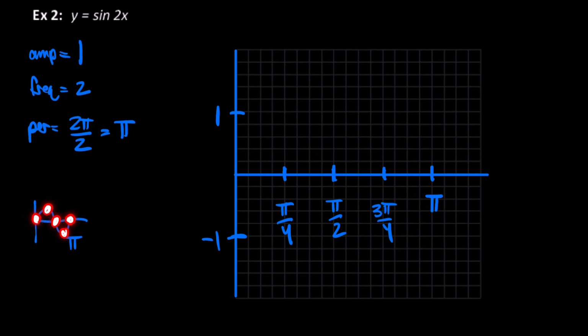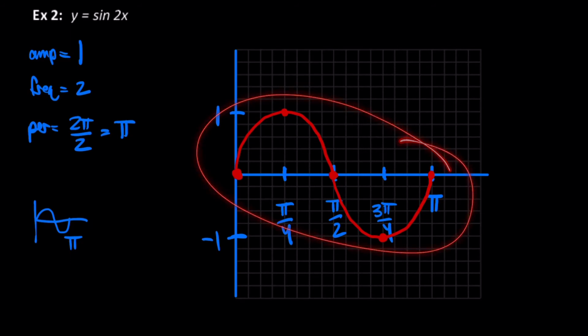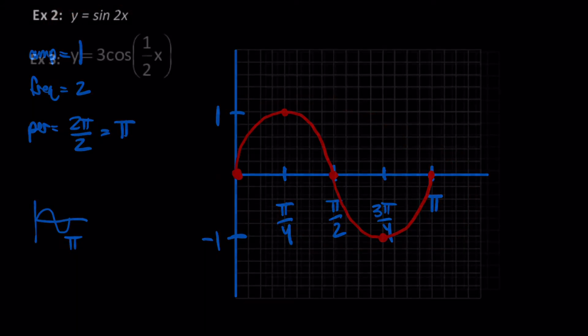Sine's going to start at the origin and then go up to 1, down to 0, to -1, back to 0. Okay, so it starts here, goes to the maximum at pi over 4, back to 0, to the minimum at 3 pi over 4, back to 0. Concave down here, concave up there. Okay, and there's a very good sketch of that trig function.